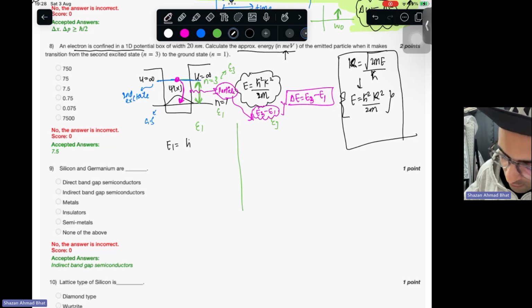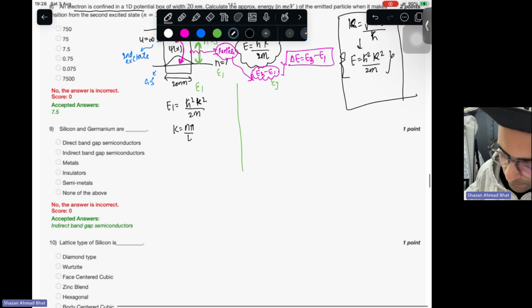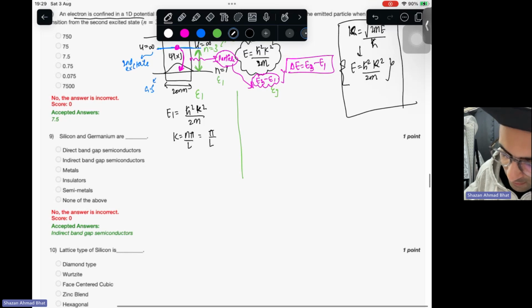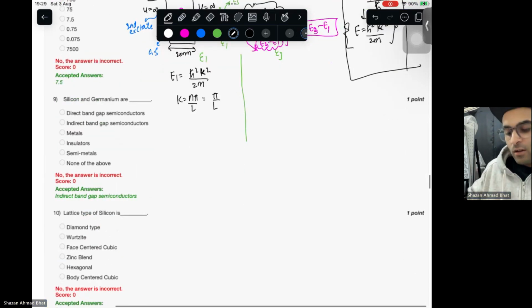E1 is h bar square k square divided by 2m. This k, we know that it is n pi over L, where L is the width of the potential, and it's given as 20 nanometers. And this is for n equals 1, so it will be pi over L. Okay.